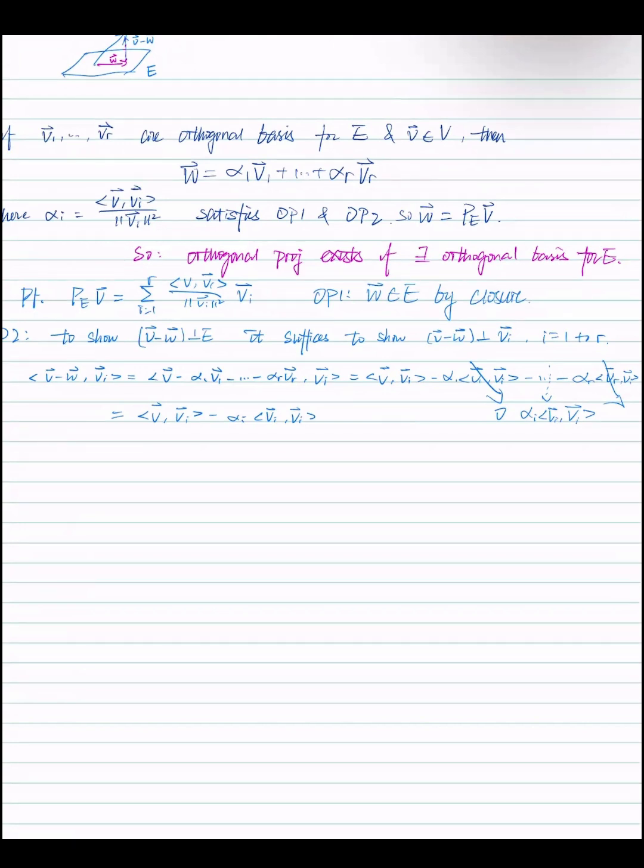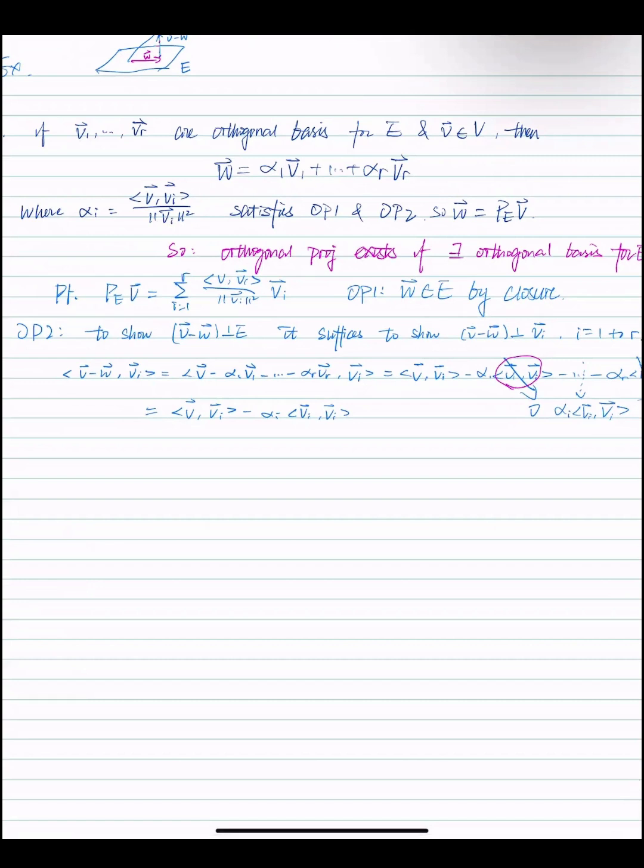Oh, because these two, v1 and vi, are from the orthogonal basis. So if these two are orthogonal, it means that the inner product of vi vj is 0 if vi does not equal vj. It's just the pairwise orthogonal thing. Yes. Oh, okay.